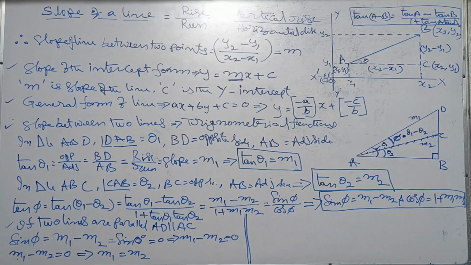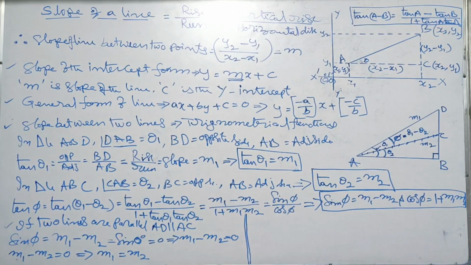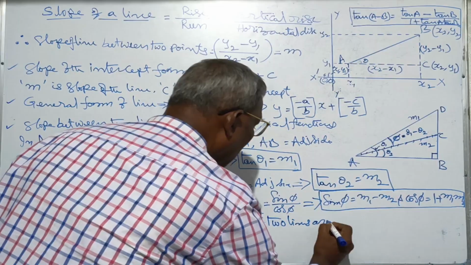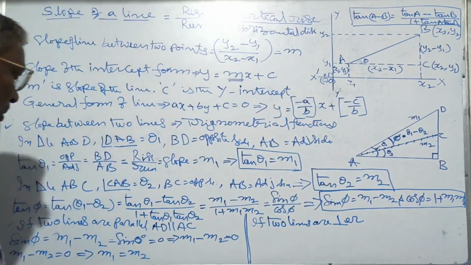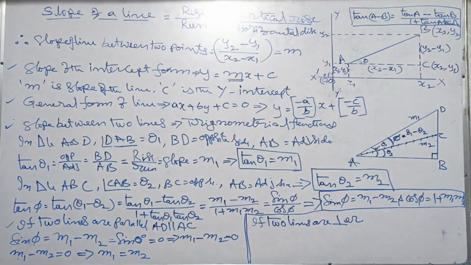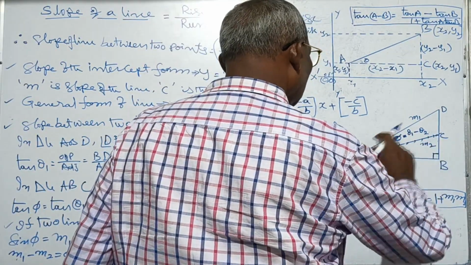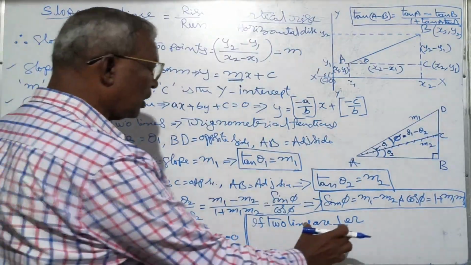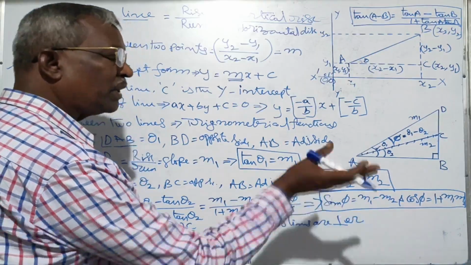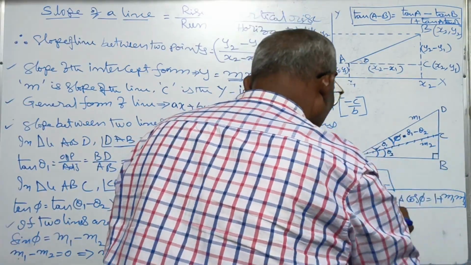This is the first point. Next, if two lines are perpendicular, the two lines being AC and AD, perpendicular means it is 90 degrees. The angle will become 90 degrees.